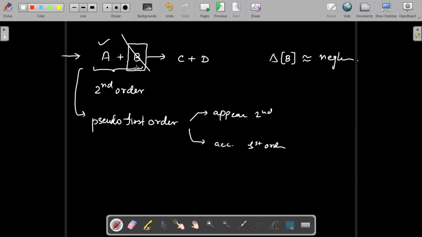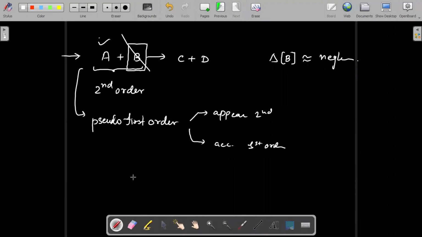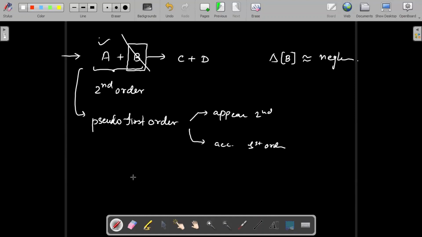Because one of the reactants is in very high concentration, and the change in that concentration is almost negligible compared to the change in the concentration of my other reactant. Such reactions are known as pseudo first order reactions. The example given in the book is the esterification, hydrolysis of the ester.